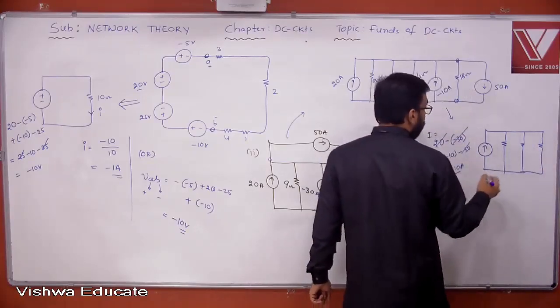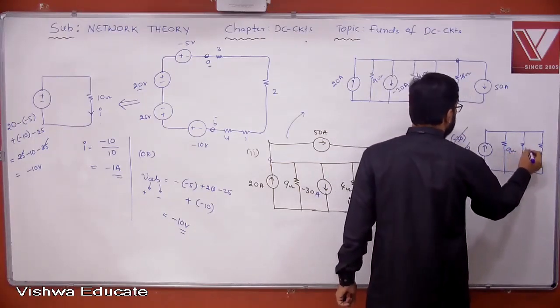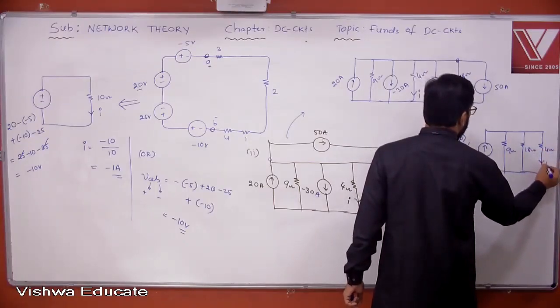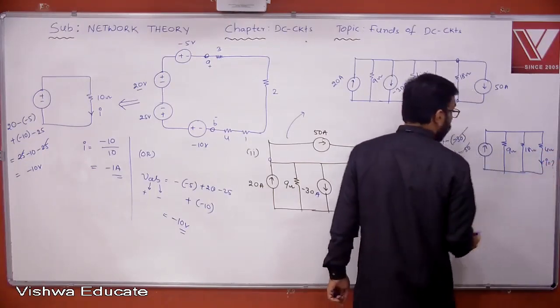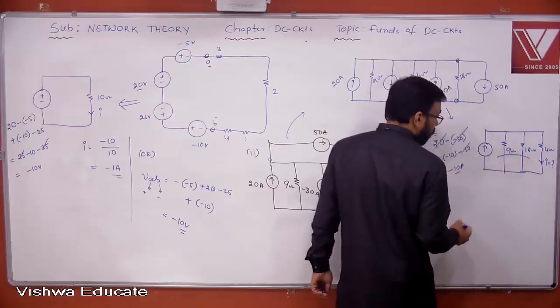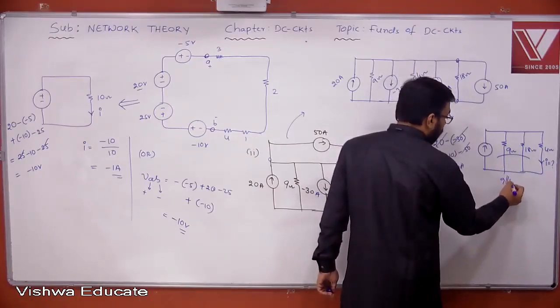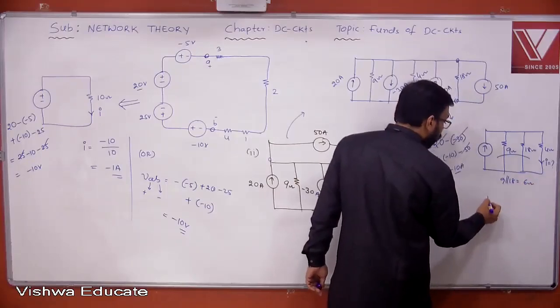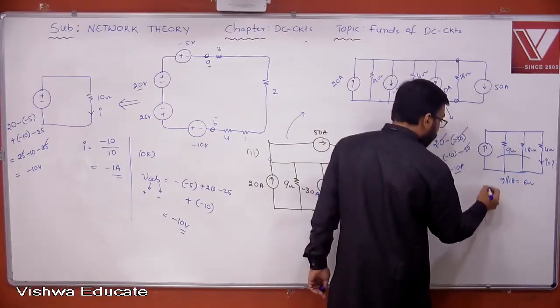This is minus 10 amperes. This is 9 ohm. This is 18 ohm. This is 4 ohm. And you are expected to determine the current flowing through this. How are these two elements connected? Parallel. 9 parallel 18: 9 into 18 by 9 plus 18. You get 6 ohm. Now finally you got here something like this.